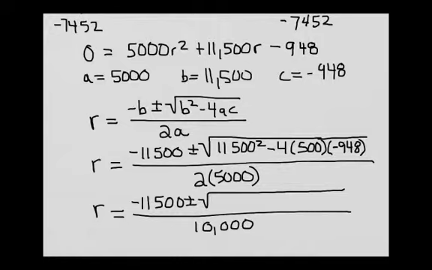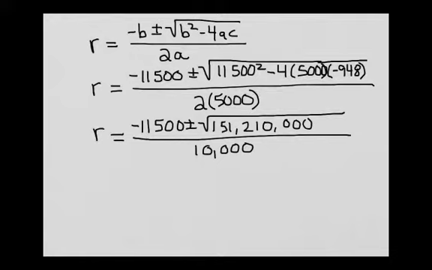So I get 11,500, and I'm going to square that, and I'm going to subtract from that 4 times 5,000 times negative 948, and that gives me 151,210,000. And actually I just noticed that there's a mistake up there, so I'm going to sneak that 0 back in up there.